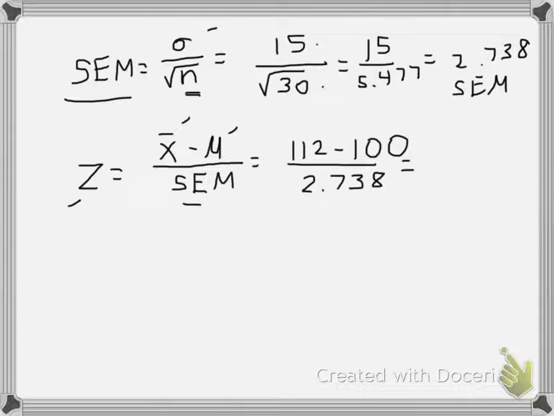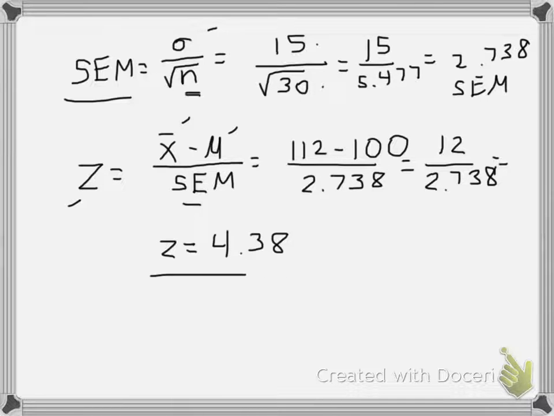We've already plugged in the numbers, so let's continue working it out. 12 divided by 2.738. So our z-value, if we divide 12 by 2.738, we get 4.38 as our z-value.